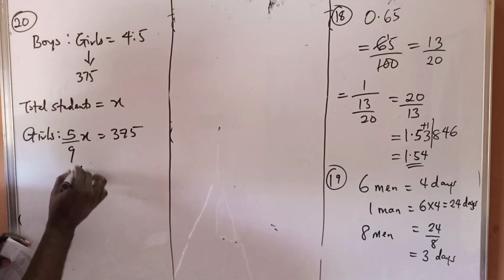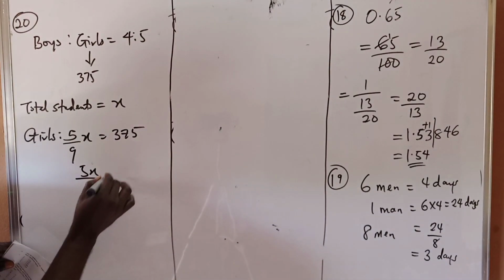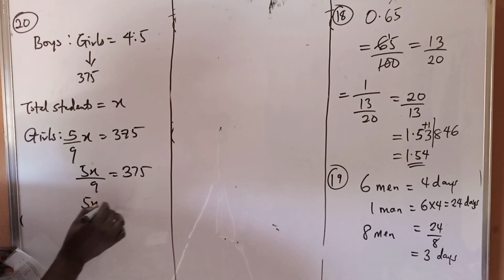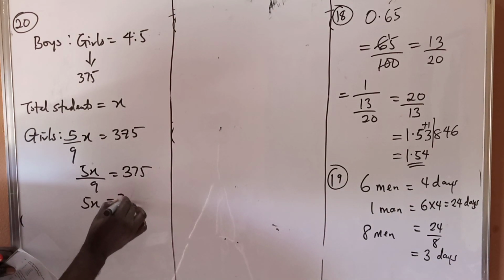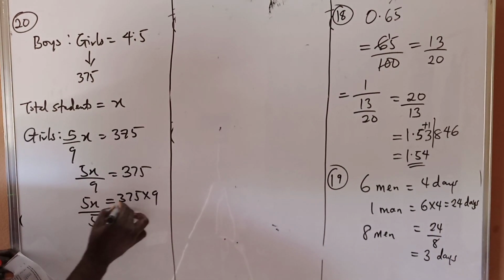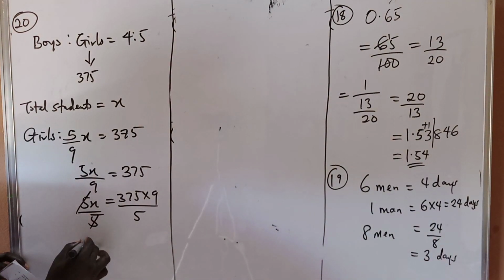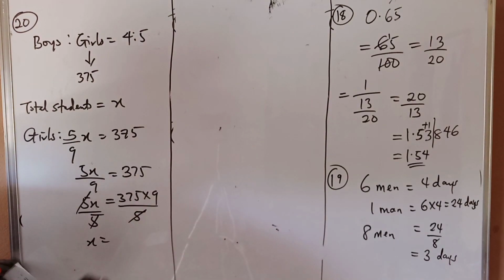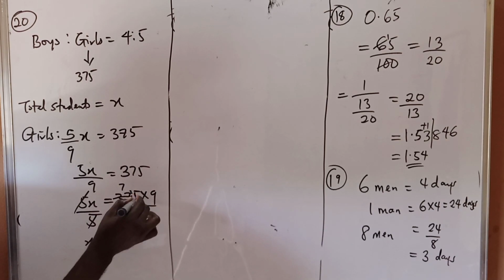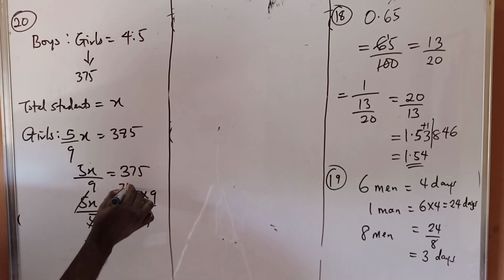So from here you have 5x divided by 9 equals 375, which is 5x equals 375 multiplied by 9. Divide both sides by 5. 375 divided by 5 is 75.